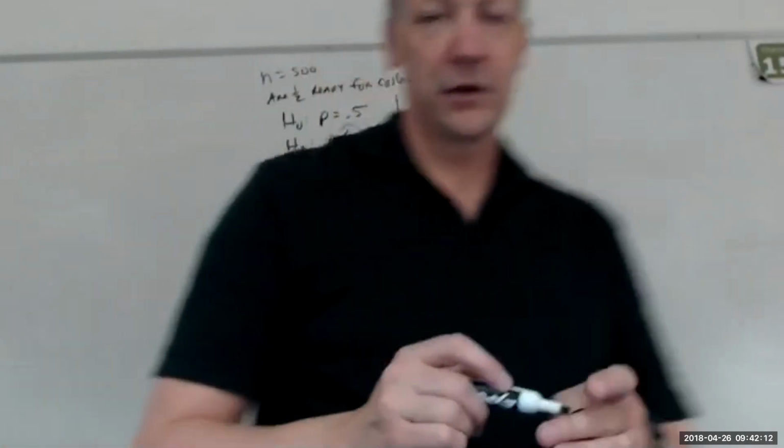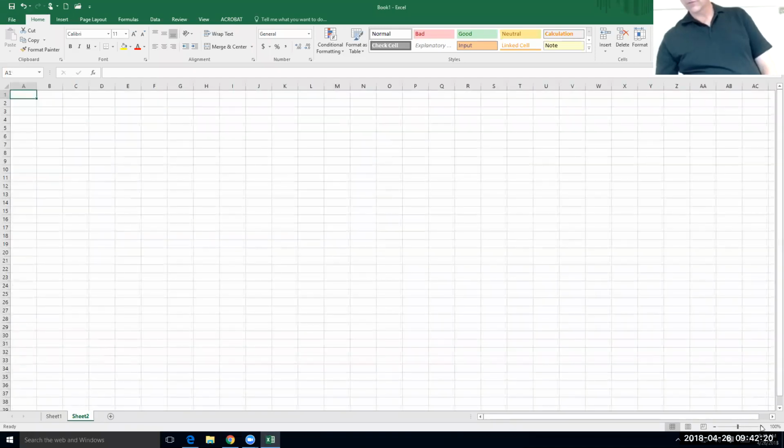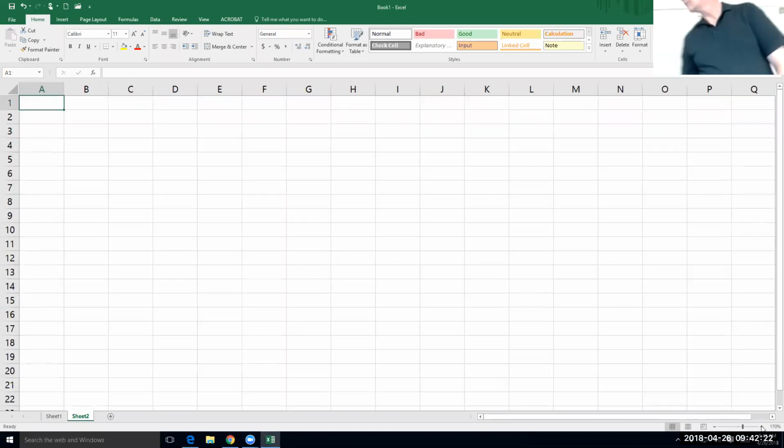Okay, so now let's open up a new sheet here. Wouldn't it be 0.5 times 0.95? Isn't it Q? It's 0.5 times 0.5. It's not 0.05, it's 0.5. Okay.